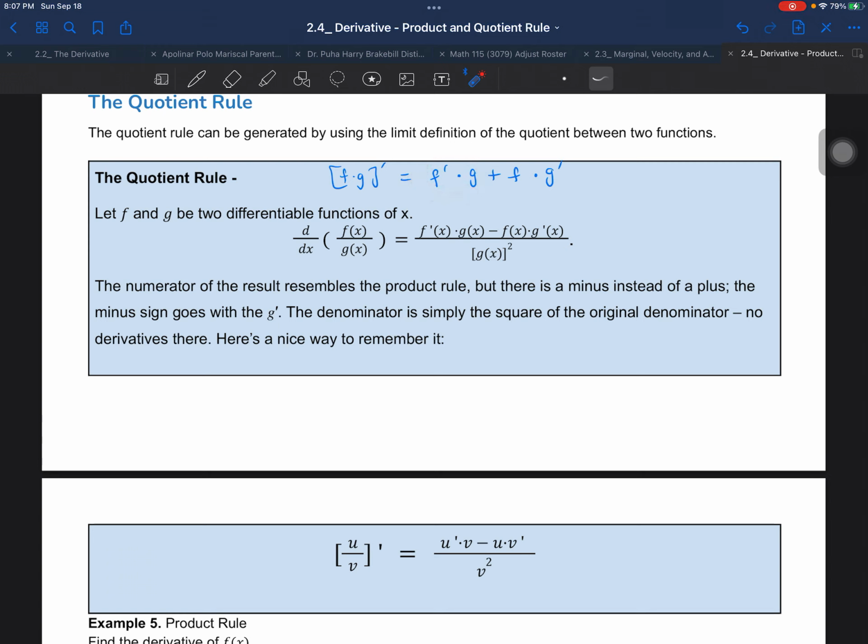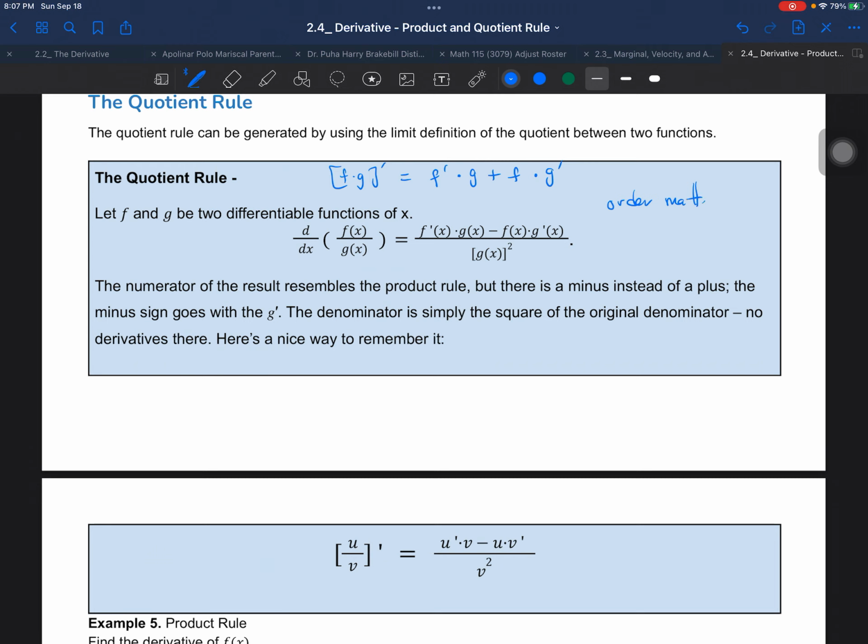Now in the first one the order doesn't matter, as long as you alternate the derivative between the two functions and you add them together. Here the order does matter. The top function needs to be the derivative, and then multiplied by the bottom function left alone. Minus, now the top one is left alone, and the derivative of the bottom function is being multiplied.